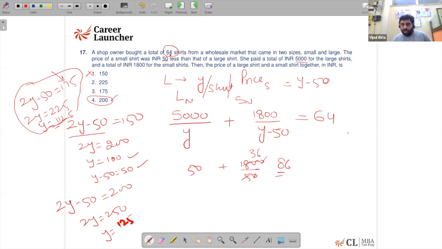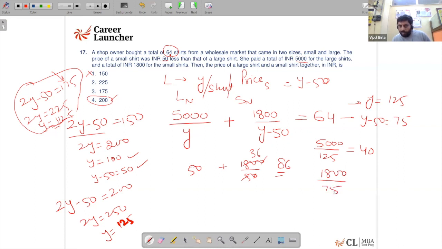So that means in that case, price of one, that Y is equals to 125, while the price of other will be Y minus 50, and that is equals to 75. So let's try and see what we'll get if I choose this value. So if I plug in Y as 125, so the total quantity of the large shirt will be 5000 upon 125. 125 into 4 is 500, so it is coming out to be 40. What about the other one? It is 1800 upon 75.